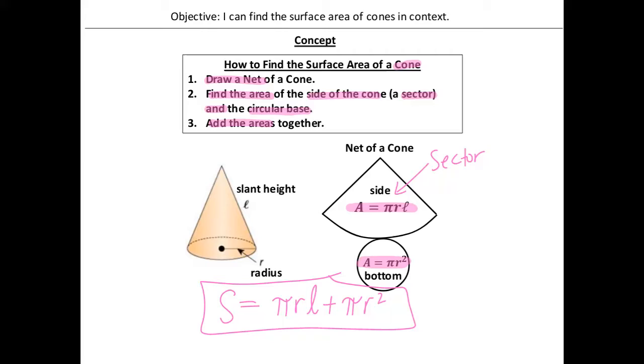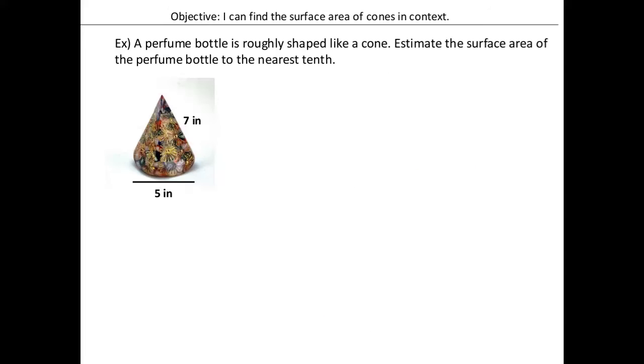All right, so let's look at our first example. Here we have a perfume bottle. It's roughly shaped like a cone, and you're supposed to estimate the surface area of the perfume bottle to the nearest tenth.